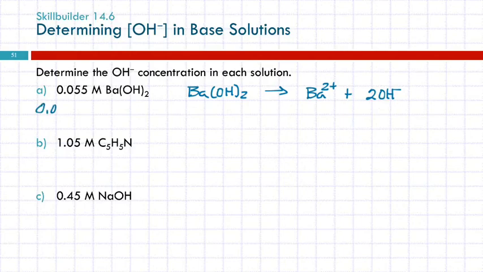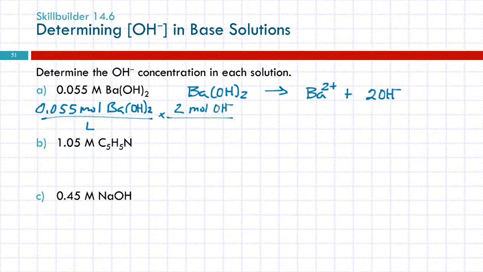You can also think of this in more of a stoichiometric way. 0.055 moles of barium hydroxide per liter, and I'm going to get 2 moles of hydroxide for every 1 mole of barium hydroxide.